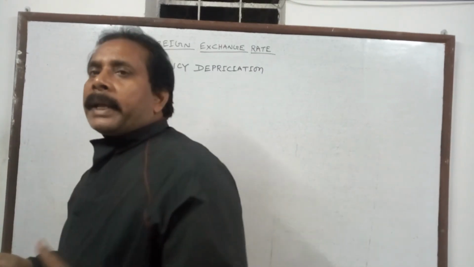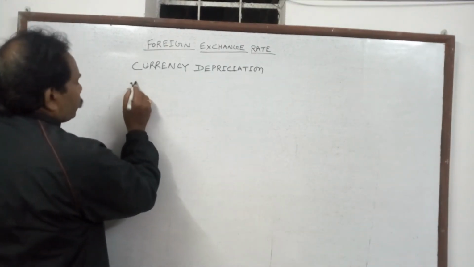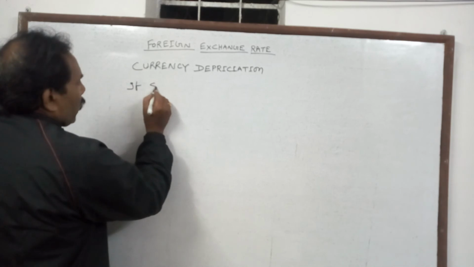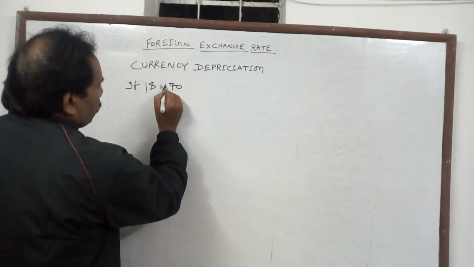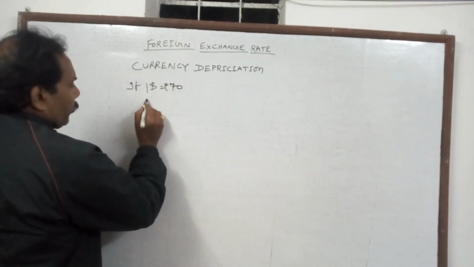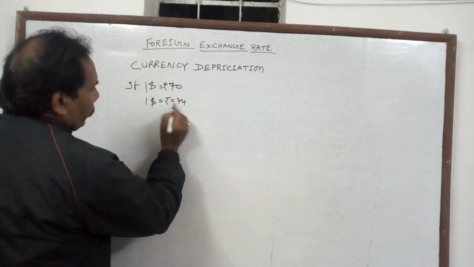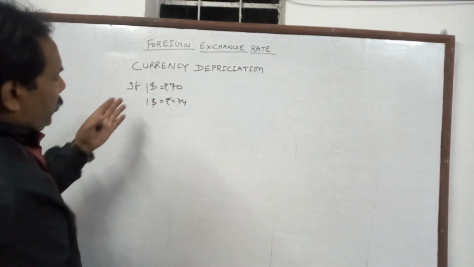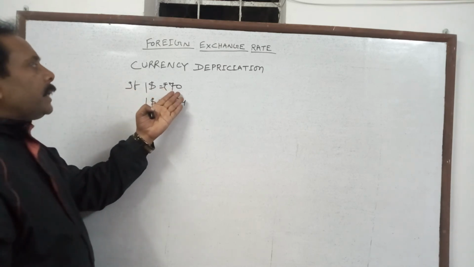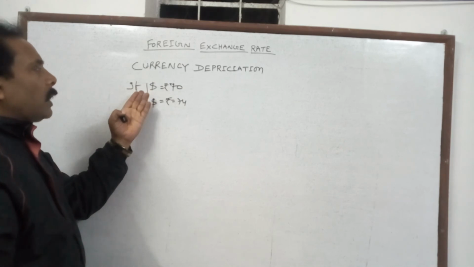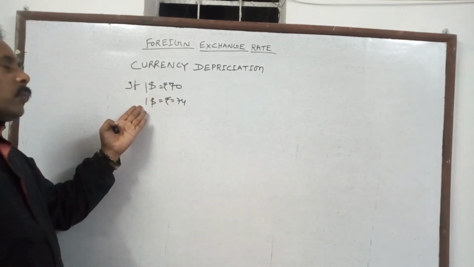Okay, here you can take some example. If $1 is equal to suppose rupees 70, and now $1 is equal to rupees 74. Clear? So what you find? You find that previously we were paying rupees 70 for $1. Now we are paying 74 rupees for $1.